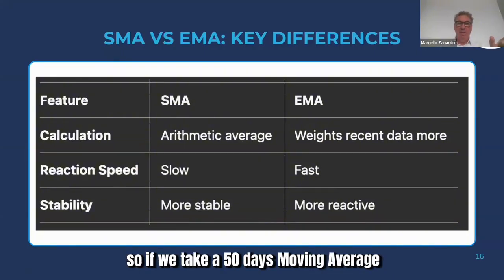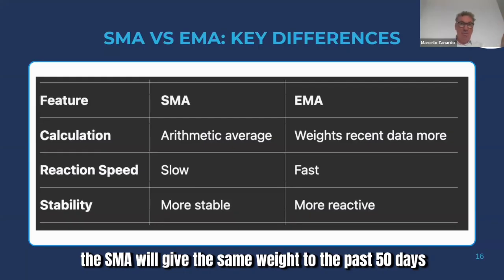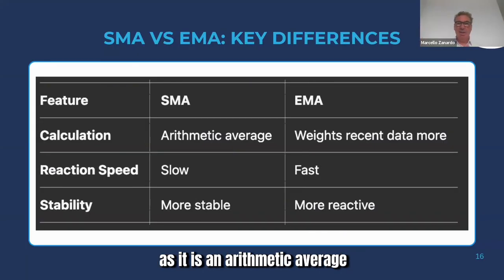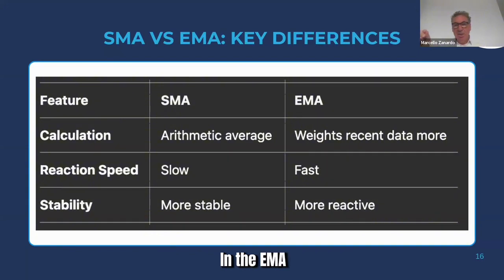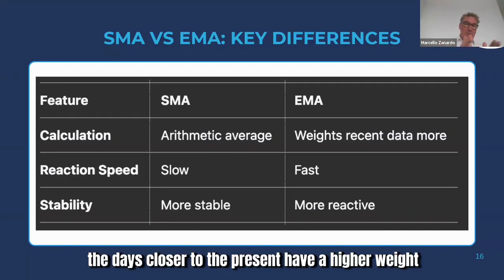So if we take a 50-day moving average, the SMA will give the same weight to the past 50 days. So the first day counts as the last, as it is an arithmetic average. In the EMA, exponential moving average, the days closer to the present have a higher weight.